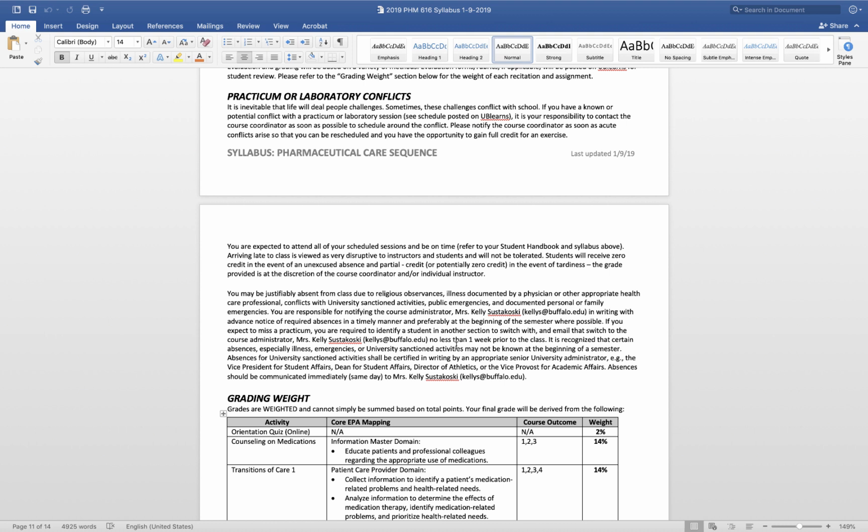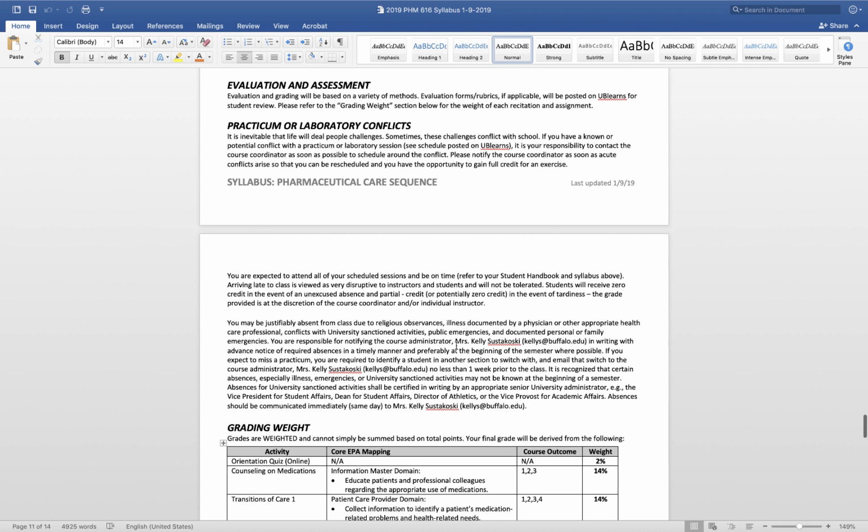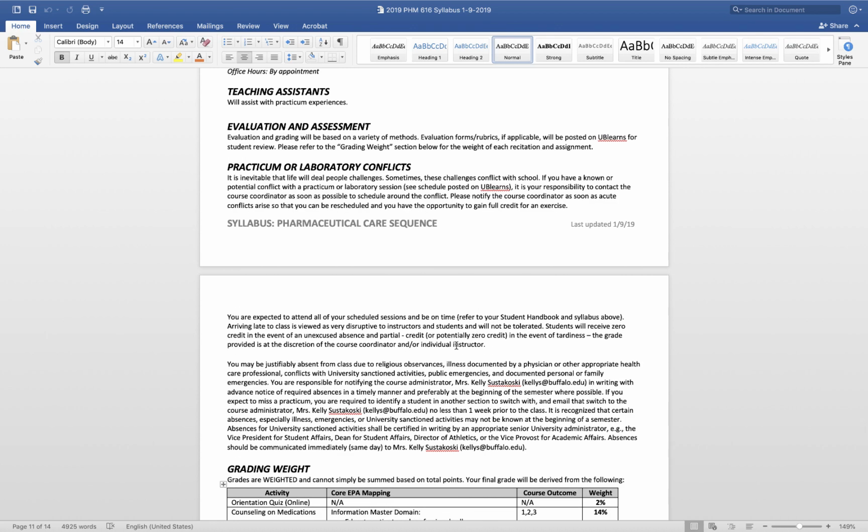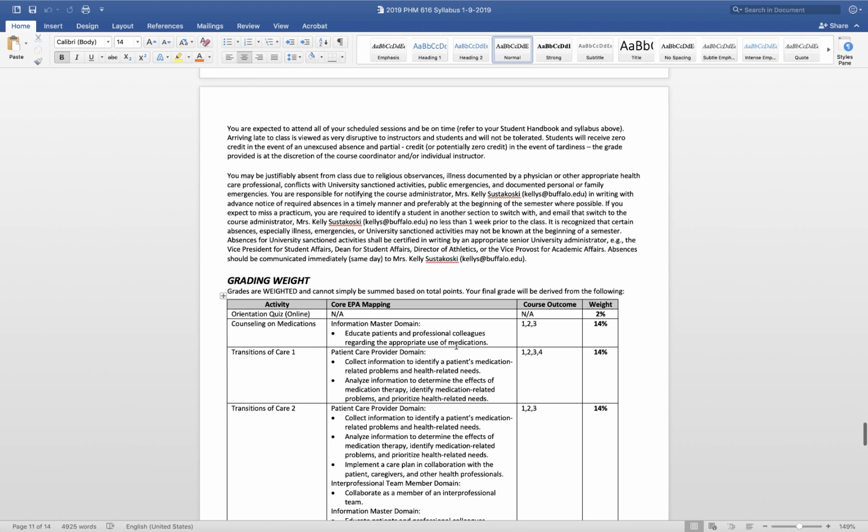All of those things need to be accompanied with documentation, and we have to be notified as soon as possible. If you are excused from one of these, your grading will not include that activity, with the exception of if the instructor decides that you have to complete a makeup instead of being excused from the grade altogether.